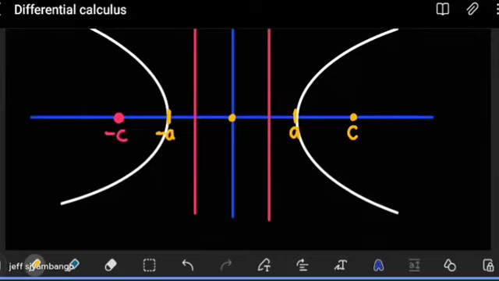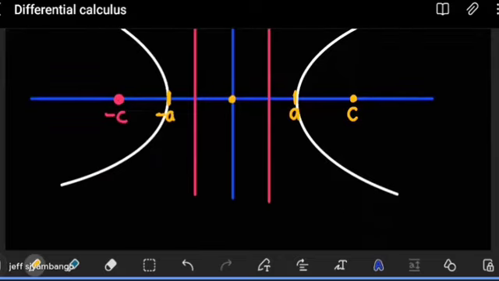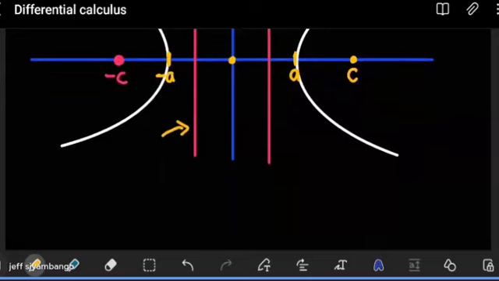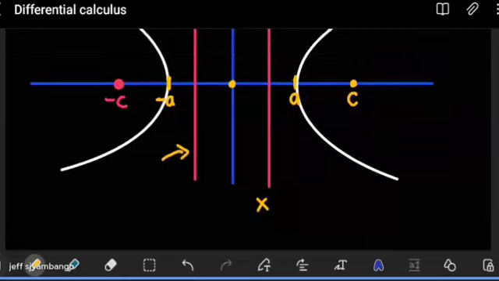Once you have this in place, what you have to understand is that the directrix for a hyperbola will have a specific expression that we can use to get it. So this one here, to the positive side, will have the equation x equals a over e.